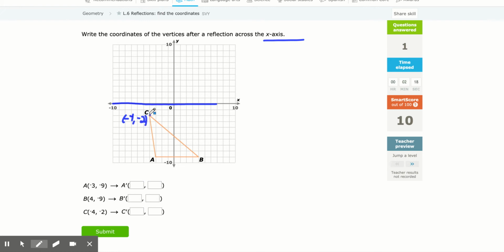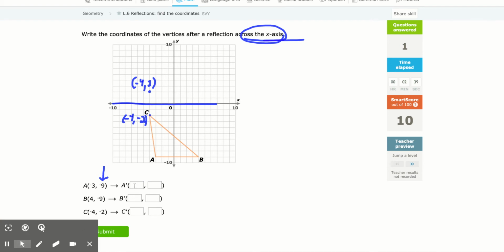That's this point right here. Reflected up here, what happens is the x does not change this time, but the y changes sign to a +2. So this time I'm going to change the sign on the second number, on the y values. So when I'm reflecting across the x-axis, it's the y that changes.